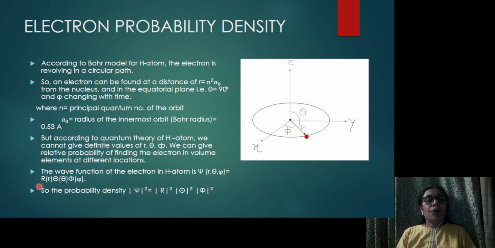Okay, so psi is a product of R, Theta and Phi, and so the probability density will be equal to mod psi square, that is mod R square into mod Theta square into mod Phi square.